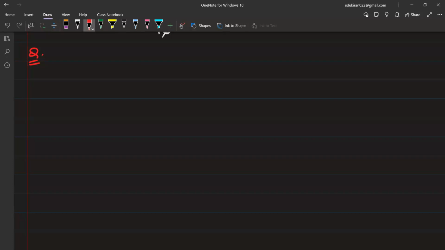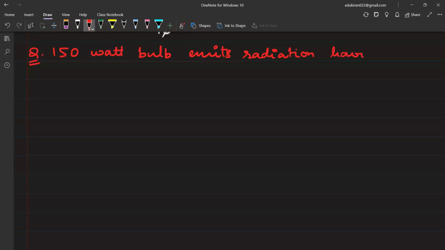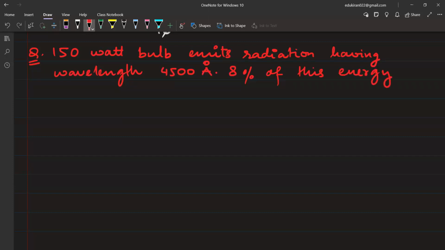You see here. Write the question. A 150 watt bulb emits radiation having wavelength 4,500 angstrom. 8% of this energy is emitted by the bulb.